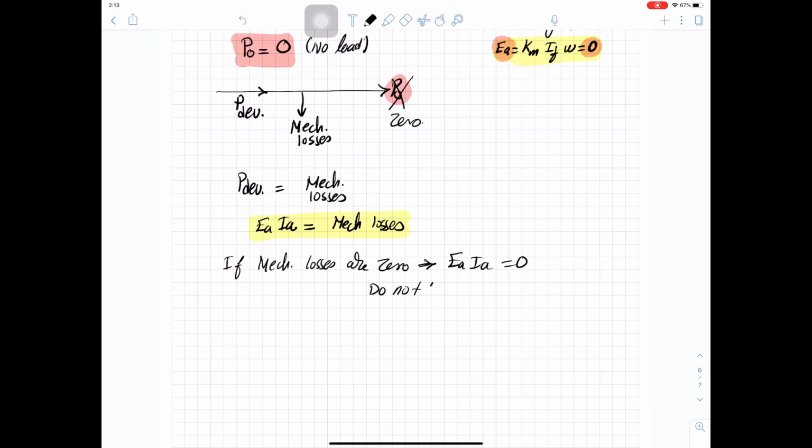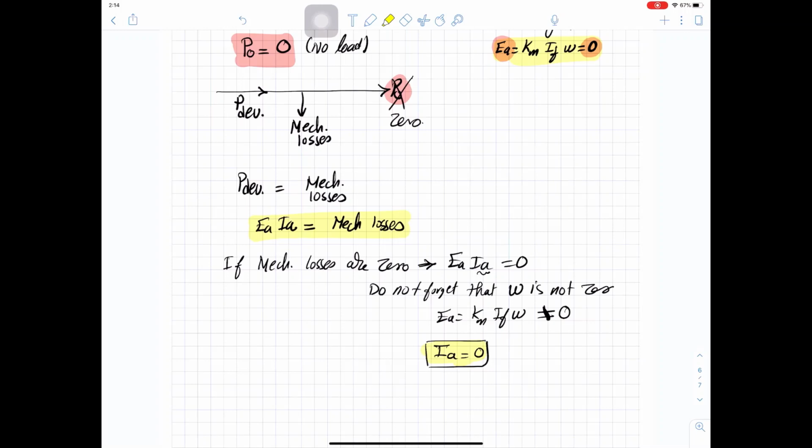Don't forget that the speed is not 0 as we mentioned, and EA equals K motor IF omega, so this term is not equal to 0. The only variable that can be 0 is IA, so IA will be 0, which means at no load the input current to the motor will be 0 if you don't have any mechanical losses.